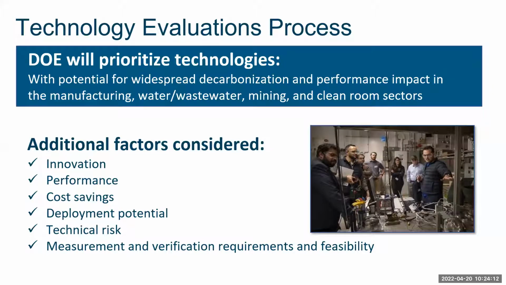Can the technology be used throughout your sector? Can it be used in other sectors or in other processes, and really determining how much energy it would save if it was deployed across the United States.